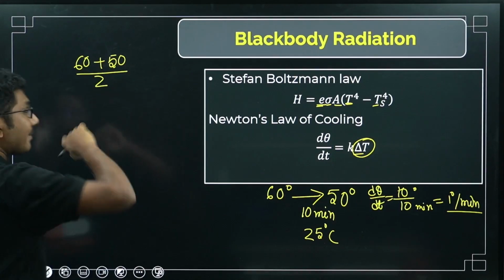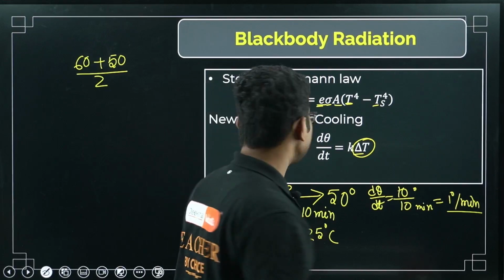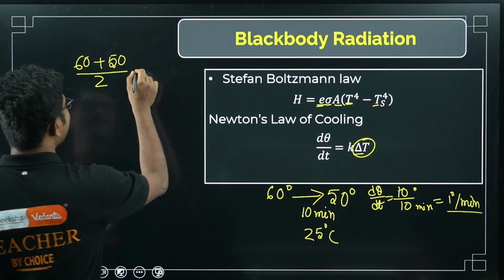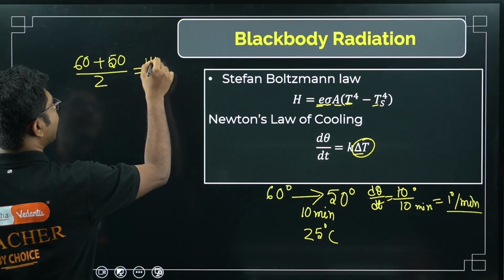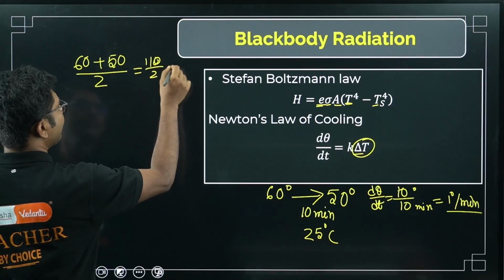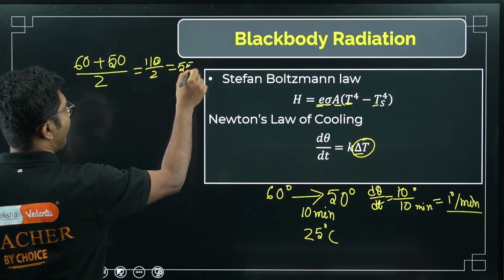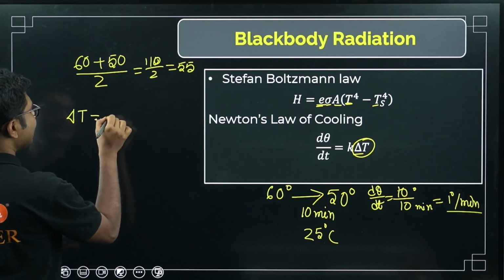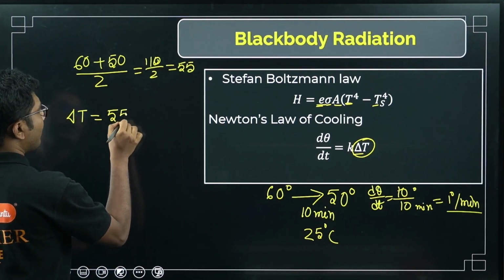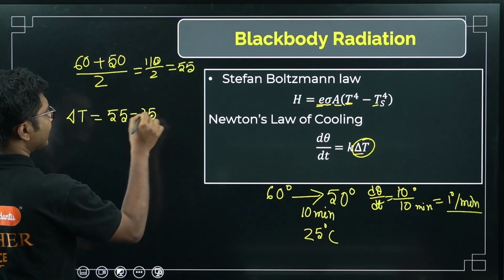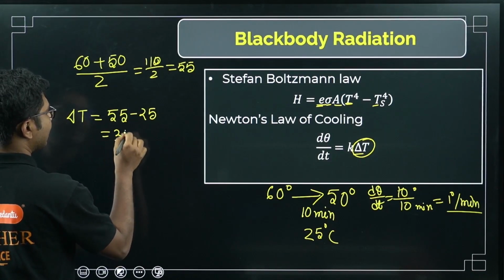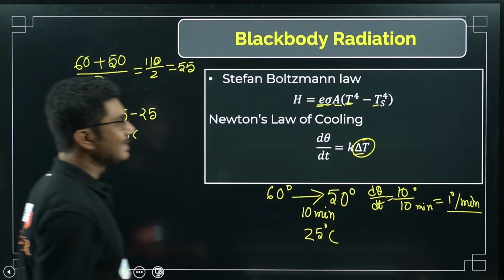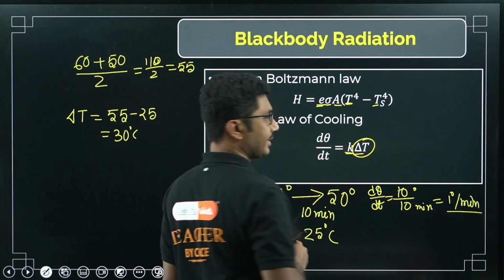How to calculate the average? Just add them and divide by 2. Adding them gives 110, divided by 2 is 55. So what is delta t? Delta t is 55 minus room temperature, that is 25, that is 30 degrees. And this k is a constant.